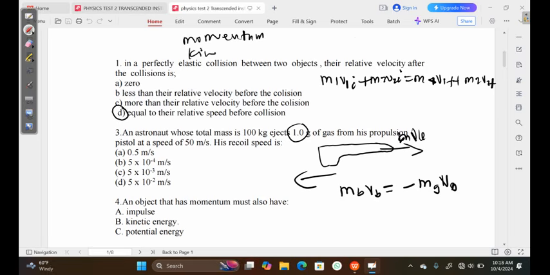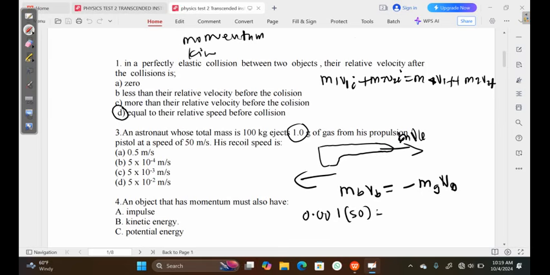You expect to have 0.001, 1 divided by 1000. Then the velocity: we have been told that it was ejected at a velocity of 50.